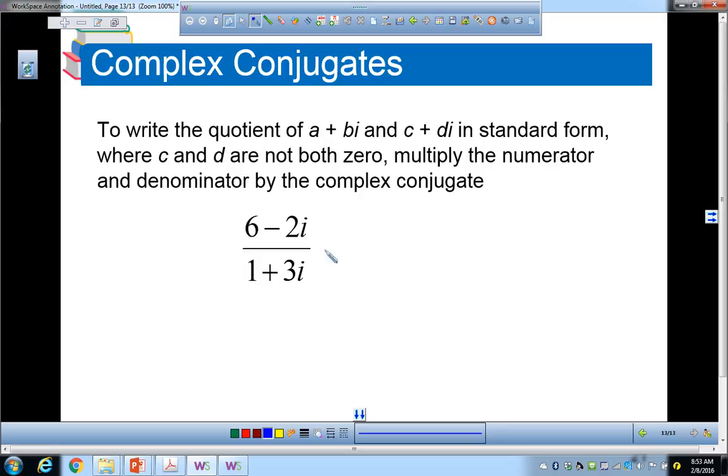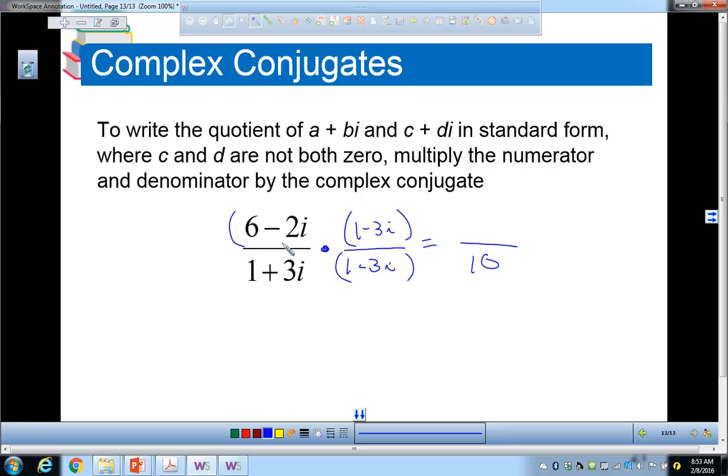So to do this, you multiply the top and the bottom by the complex conjugate. I'm going to multiply the bottom by 1 minus 3i, and the top by 1 minus 3i. And when I do that, we just showed that this bottom is going to be equal to 10. Everyone see where the 10 came from? It's this squared plus this squared.